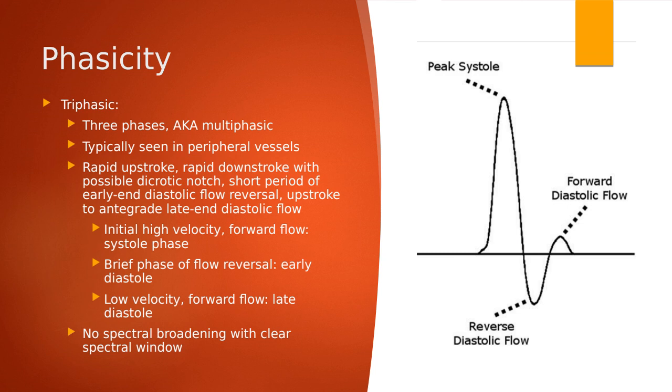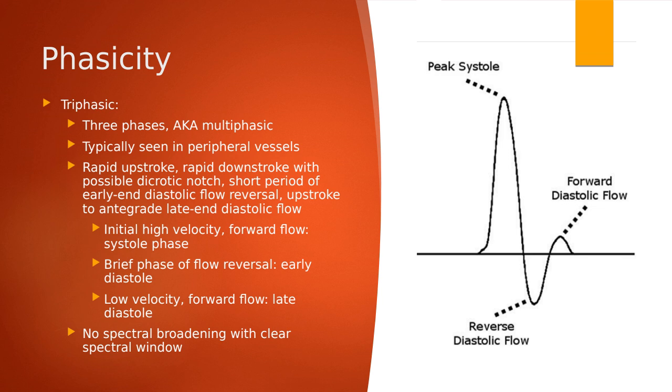So triphasic. This is going to be where we see 3 clear-cut phases in a waveform. This is also known as multiphasic, but no one really says that. It's triphasic. We typically see this in distal peripheral vessels. With a triphasic waveform, we're going to see a very rapid upstroke to a pretty high velocity. We're going to see a rapid downstroke, and then we're going to see possibly a dicrotic notch, but we're usually going to see a short period of diastolic flow reversal, and then an upstroke to that late end diastolic forward flow.